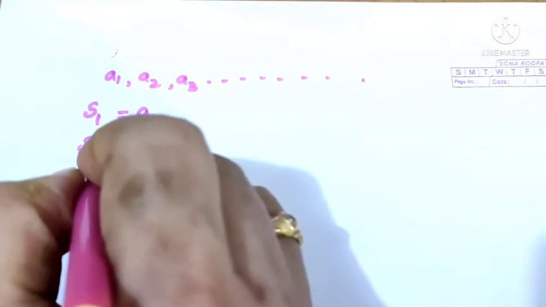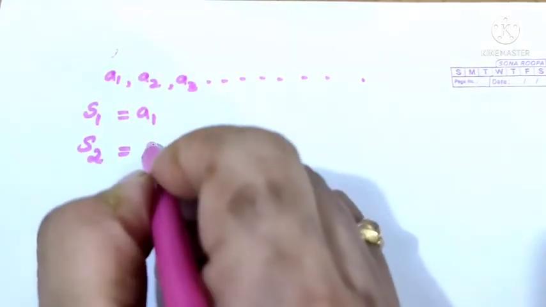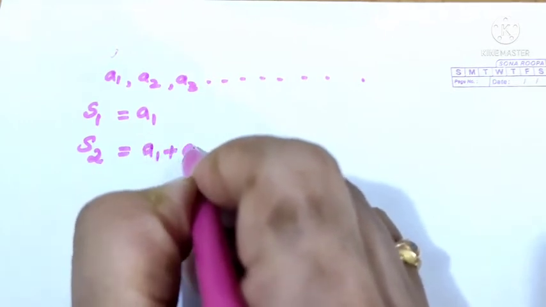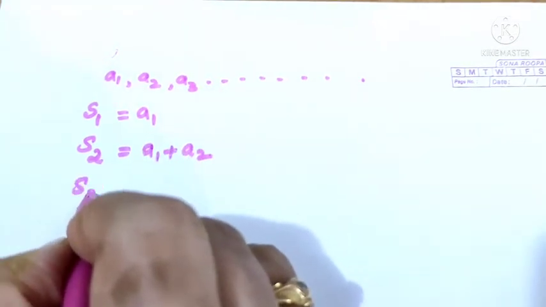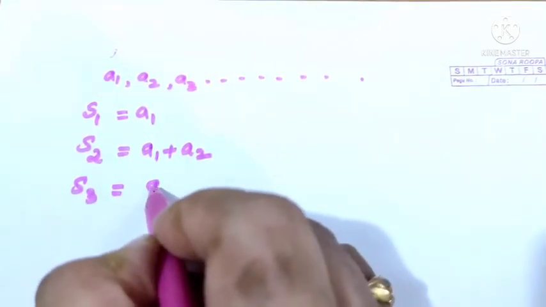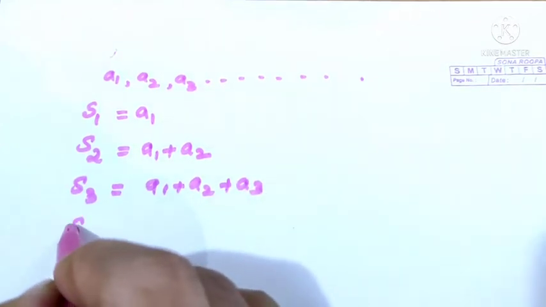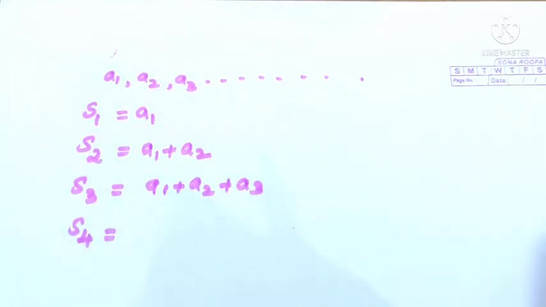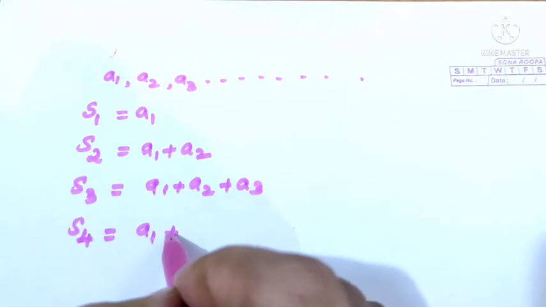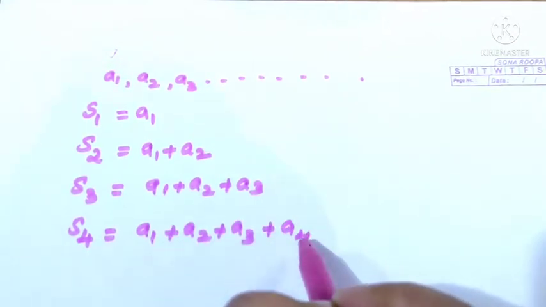Now sum S2 means sum of two terms, that is S2 equal to a1 plus a2. S3, what is the meaning of S3? Sum of first three terms, that is a1 plus a2 plus a3. Similarly, S4 means sum of first four terms, a1 plus a2 plus a3 plus a4, right?